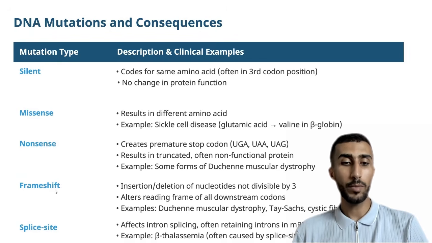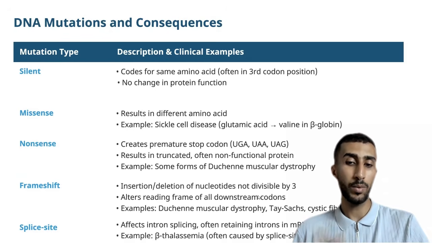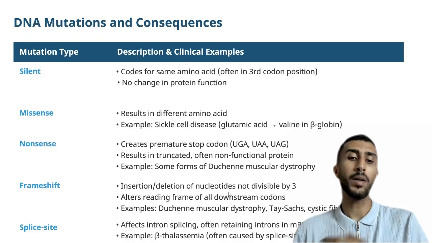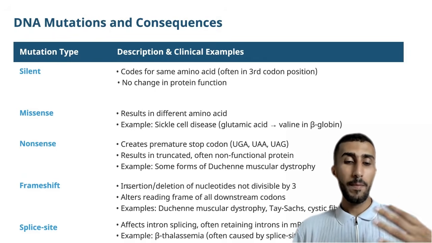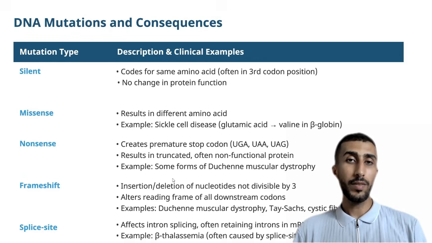Next, frame shift mutation. Insertion or deletion of nucleotides not divisible by 3 is gonna be a very, very bad problem because, remember, there are 3 nucleotides in each codon for each amino acid. So if we, for example, add 3 nucleotides, it's gonna shift the process but we will have the same sequence of the consequent amino acids. But let's suppose we have insertion or deletion of nucleotides not divisible by 3.